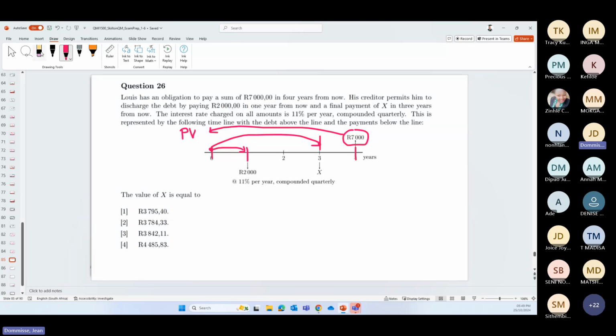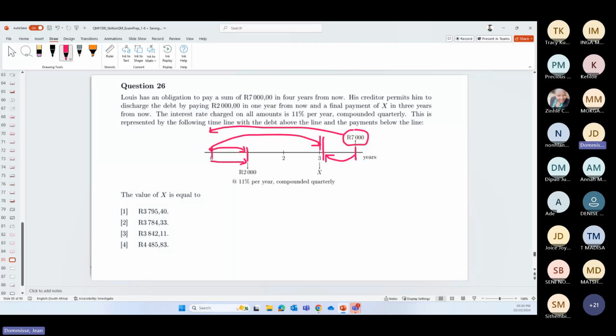I would rather have said how much is that 7,000 at this period, then we know we've got a 2,000. So there's two ways we can do this.